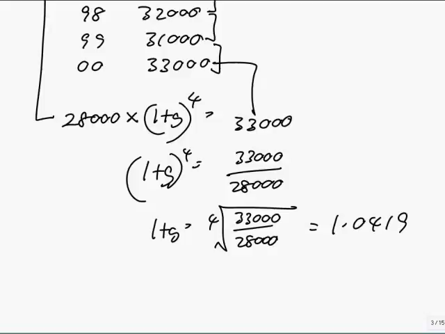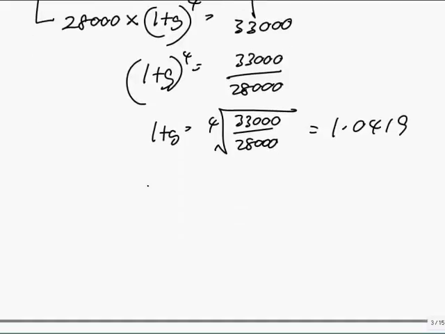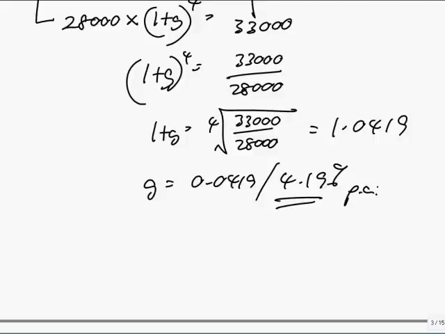That's 1 plus g, so g is 0.0419 or 4.19%. All right?